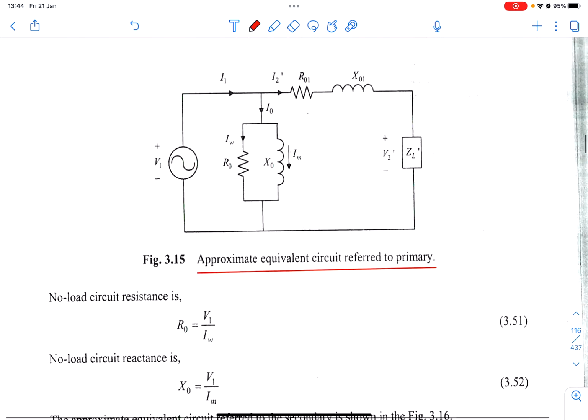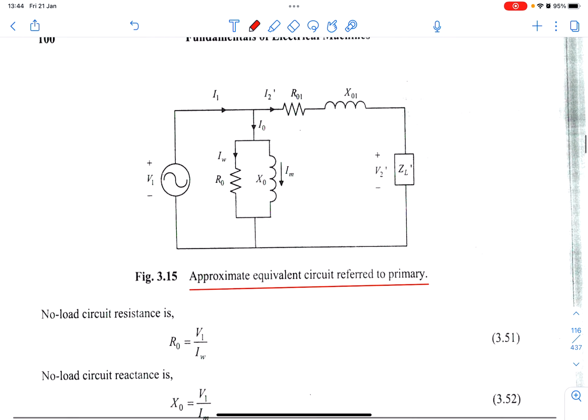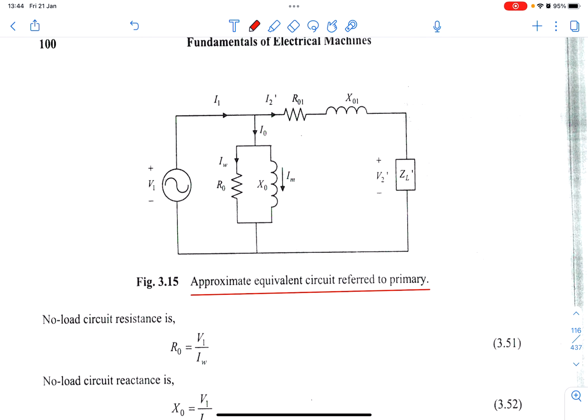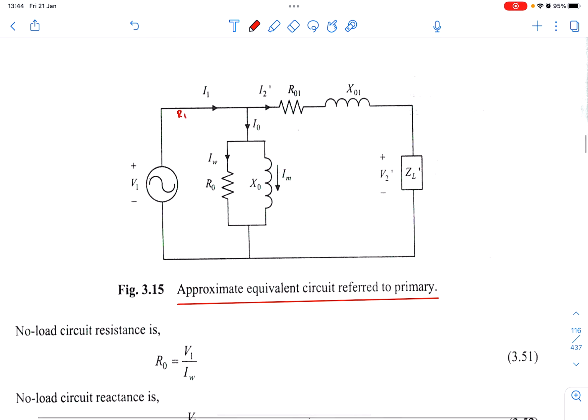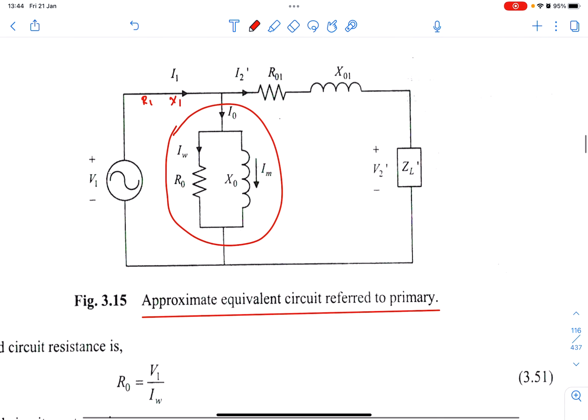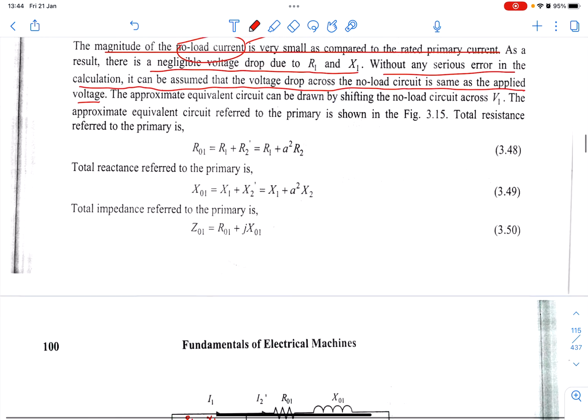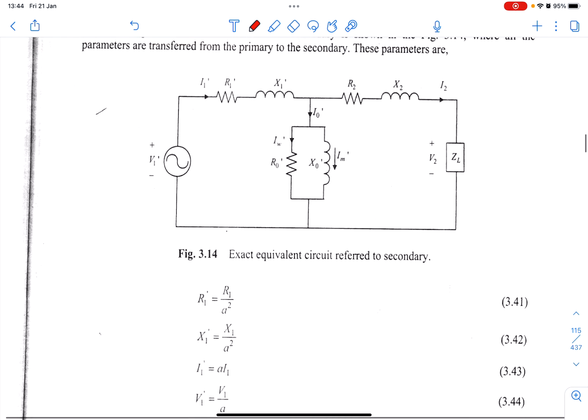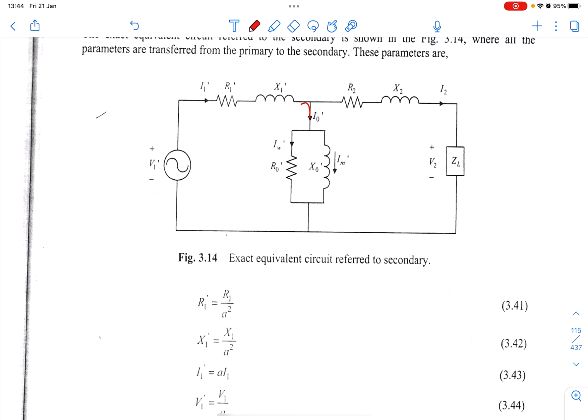So if you look at this diagram, what does it mean here? Let's say for example here previously you had R1 and X1. Since the voltage drop across this point is very small, it's like there is no current going in here because it is very small.